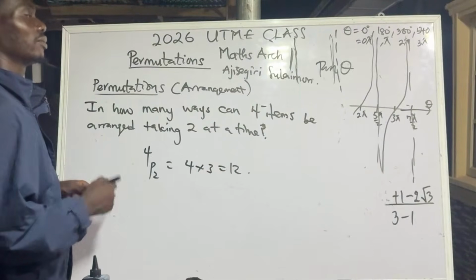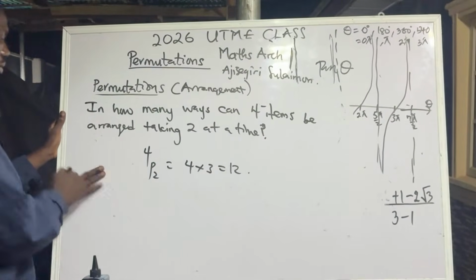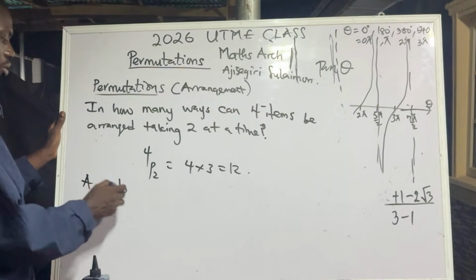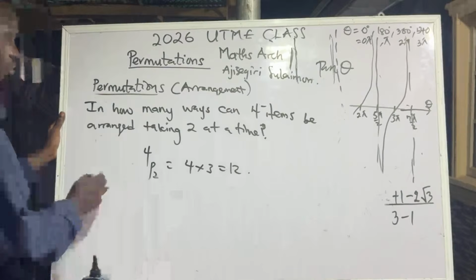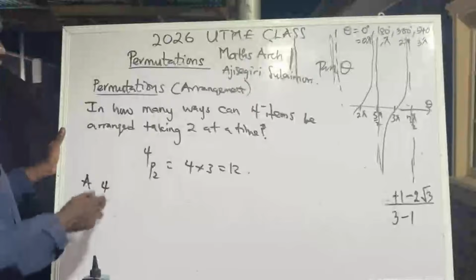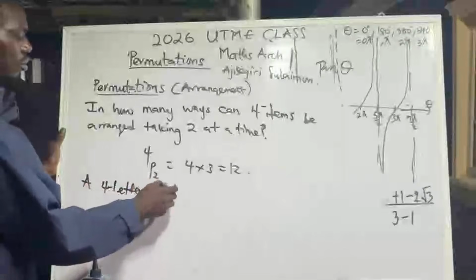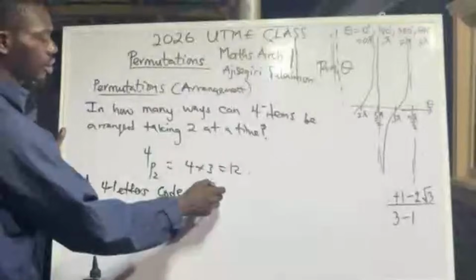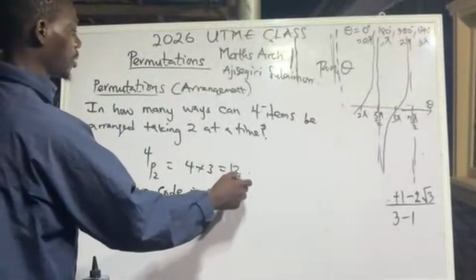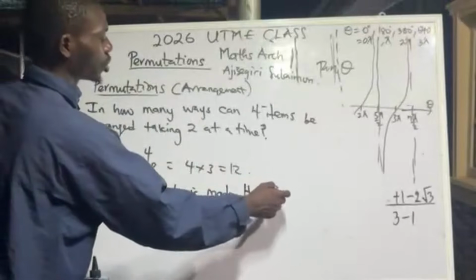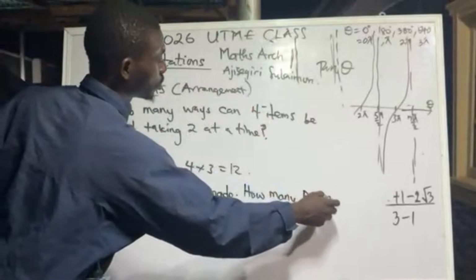Okay, so let's say a code is made. A 4-letter code is made. How many possible codes are there?